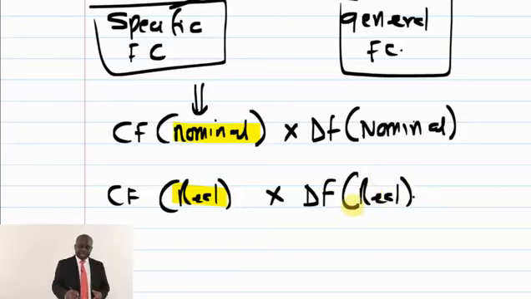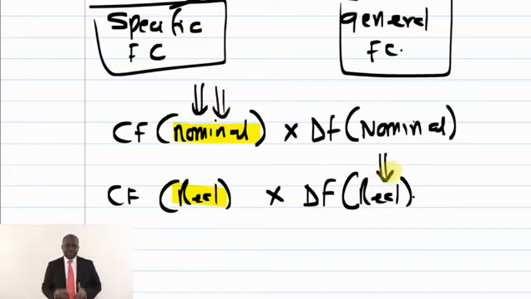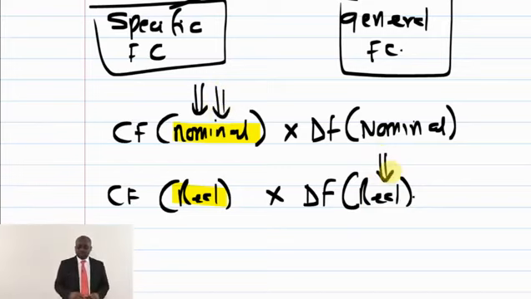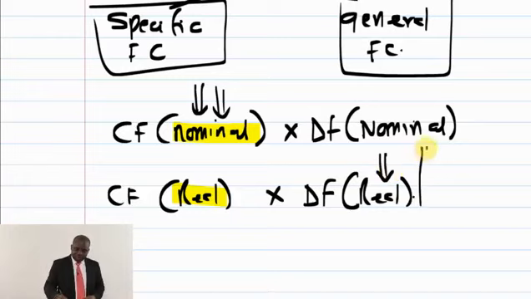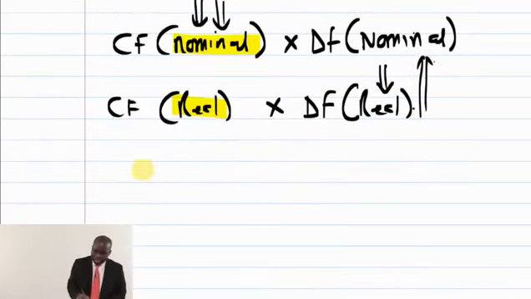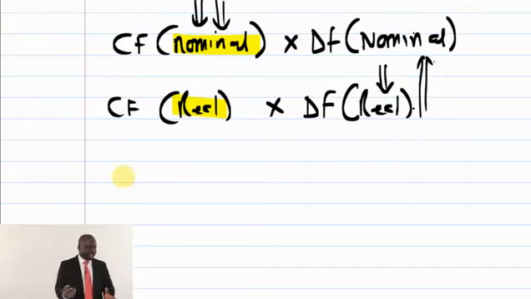However, sometimes the examiner gives a cash flow which is nominal and then gives you a real discount factor. What should you do? You would have to bring them to the same level. Therefore, I have to convert the real discount factor to the nominal. How will I be able to do that? We have to remember the Fisher equation.